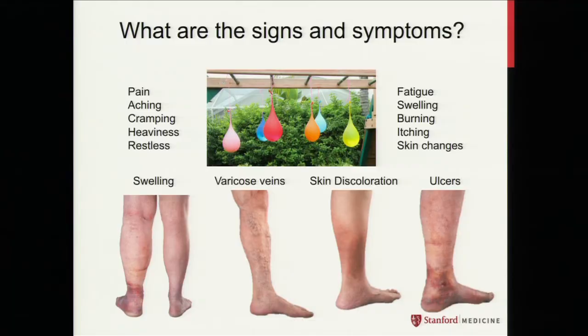I always think of it as like a water balloon. If you have a balloon, which is like a vein, it can change diameter in relation to what's inside. And if you hang a balloon, all of that water is going to pool. So if you think about chronic venous disease, you can think of it as a lot of the blood pooling like a water balloon if you hang it.